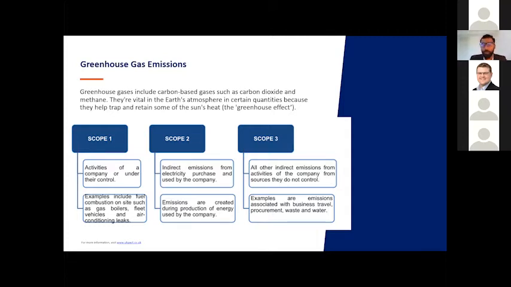Scope 3 emissions are also important for financial institutions because they include the emissions that result from the company's lending and investing activities.